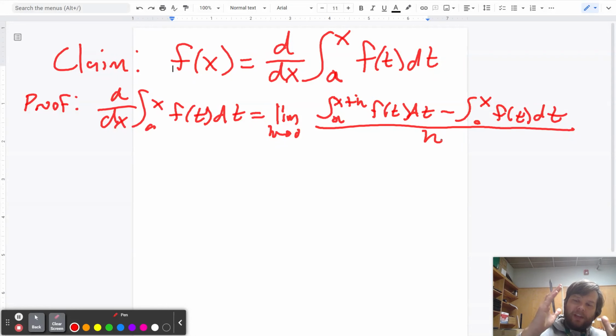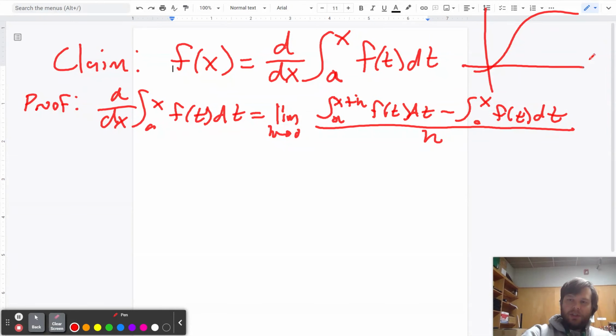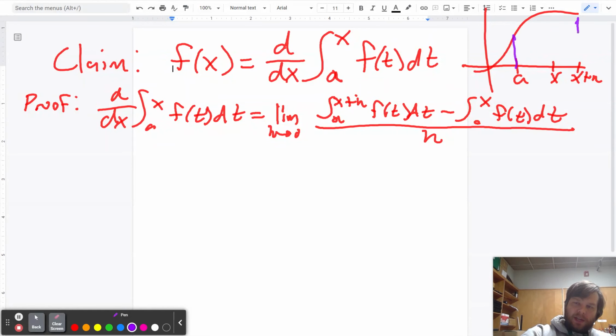And so if you're going from a up to x plus h, let's just draw an example function here. If we're going from a up to x plus h, the first integral gives you this entire purple area, and the second integral gives you from a to x just this green area right here.